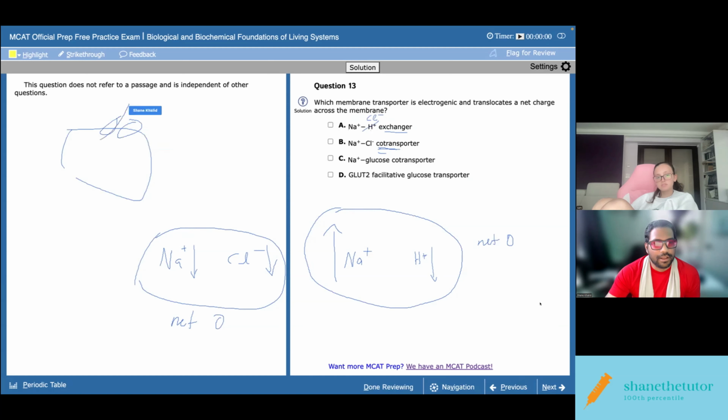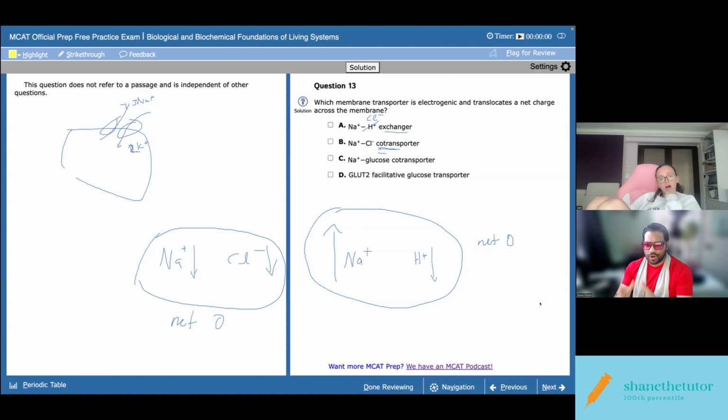Three sodium ions come out, two potassium come in. That's an exchanger, right? So exchanger just means that something is coming in and something else is coming out. Co-transporter, they're both either coming in or both coming out.